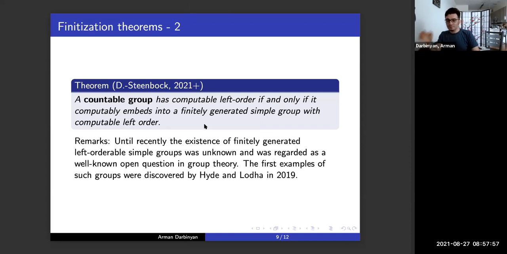Here, I would like to make a remark about finitely generated simple groups: the existence of these groups was an open question for a long time. The first examples of such groups were discovered by Hyde and Lodha in 2019, so quite recently. And it appears that this class of groups is actually quite a broad class, as the mentioned theorem indicates.